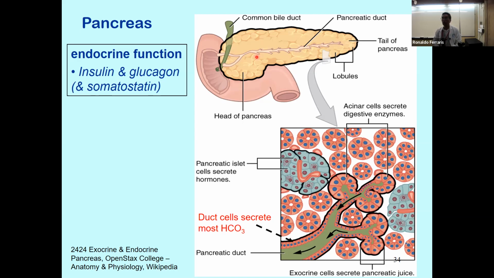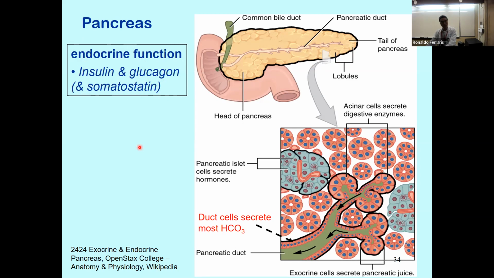For those of you who have diabetic relatives, the pancreas has a major endocrine function in making insulin and glucagon. But we don't discuss this here. Dr. Gaspers will, towards the end.